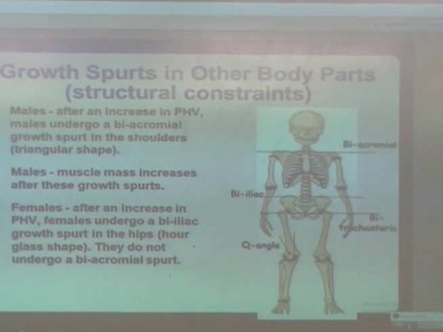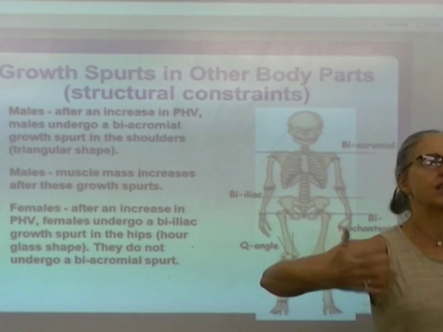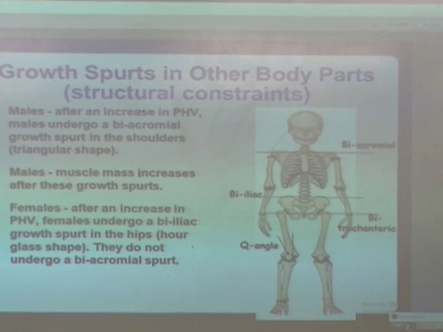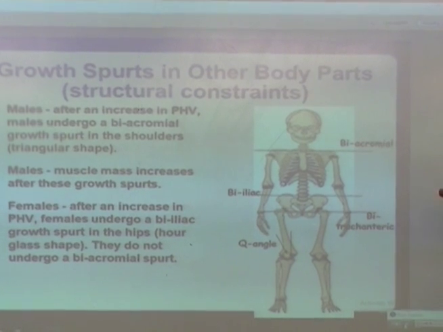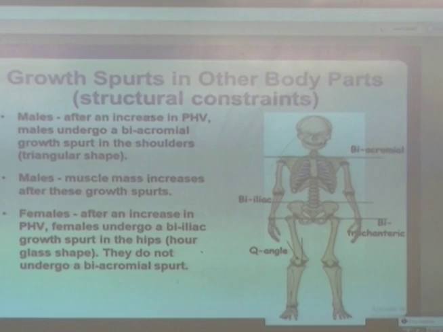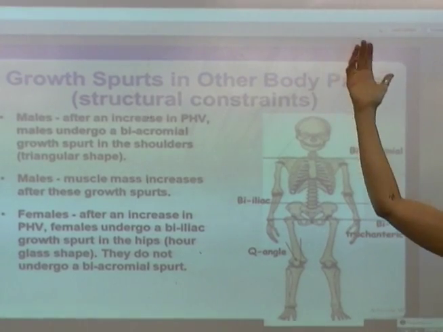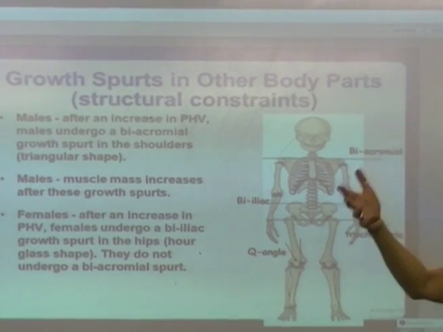If it's a running game, girls do just fine. But if it's an upper body activity, boys are now going to outperform the girls, just biomechanically. Even if their throwing technique is rubbish, they'll throw the ball further because they've got longer arms, they're taller, and they've got more muscle.